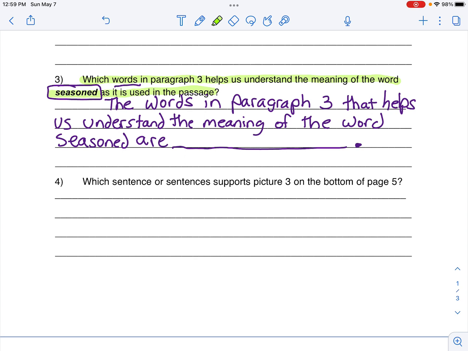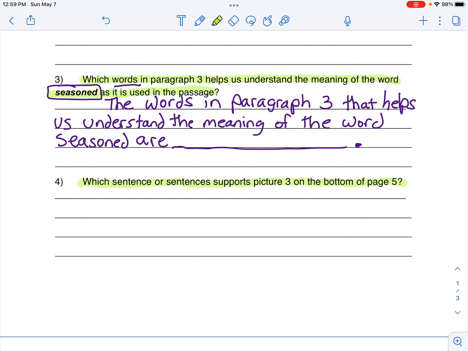Okay, finally, question number 4. Which sentence or sentences supports picture 3 on the bottom of page 5? Go ahead and pause this and look at the picture on the bottom of page 5. Remember, you want picture number 3.